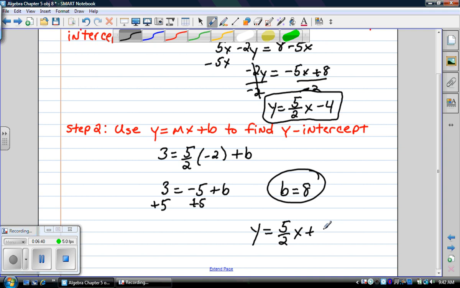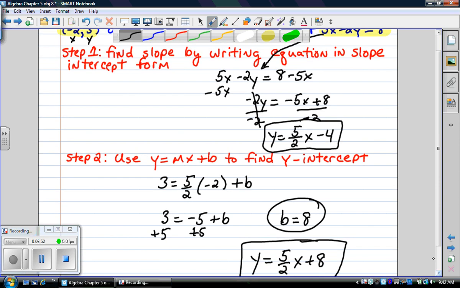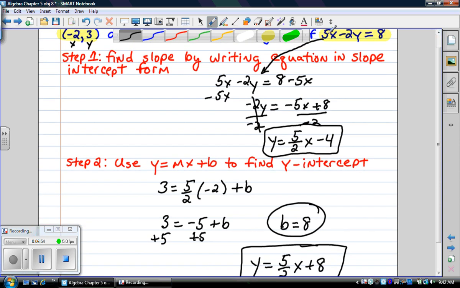The new y-intercept, positive 8. So this line, y is equal to 5/2 x plus 8, will contain my point (-2, 3) and will be parallel to my original line of 5x minus 2y is equal to 8.